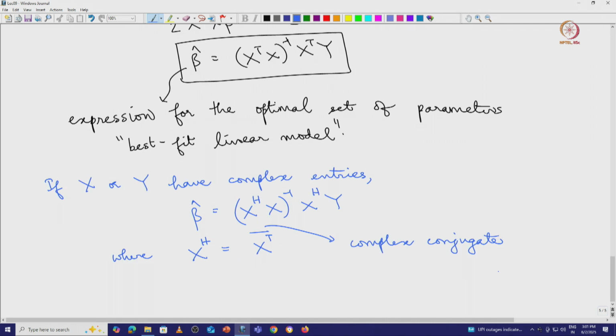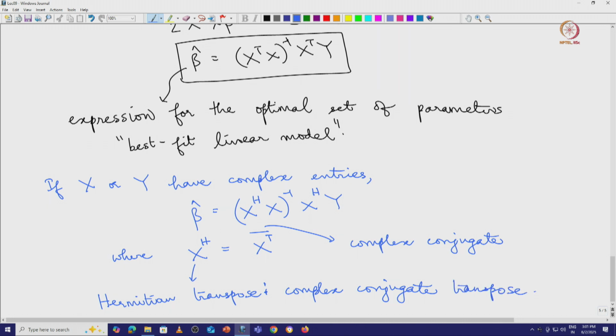and this xh is also called the Hermitian transpose, which is essentially a complex conjugate transpose. Okay.